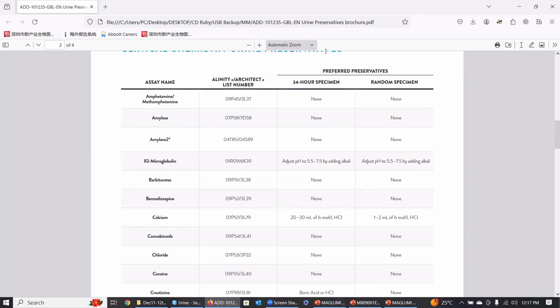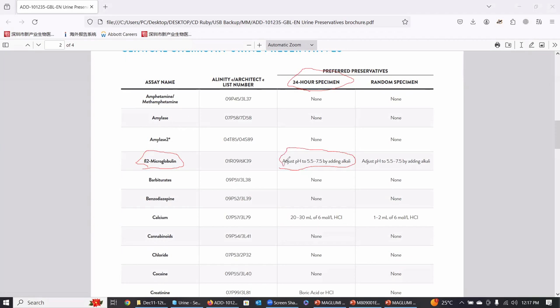Okay, let me share with you one extra piece of information, if you are interested. You can see here for beta-2 microglobulin, the preservative for 24-hour urine samples is pH.